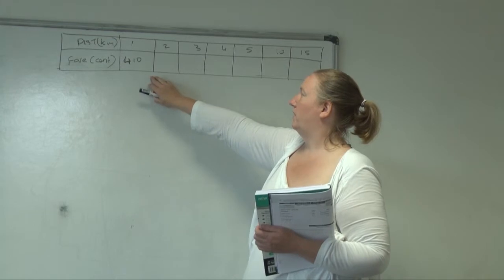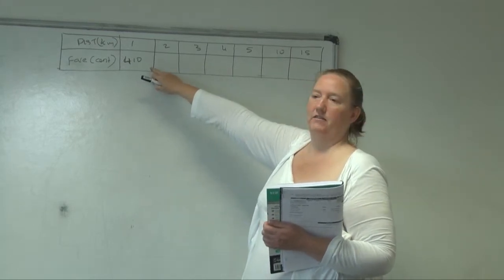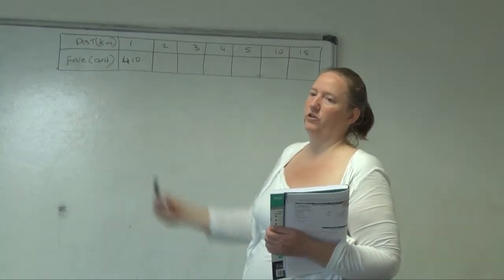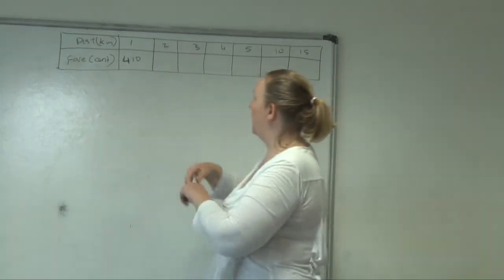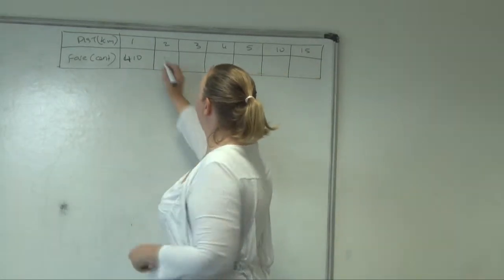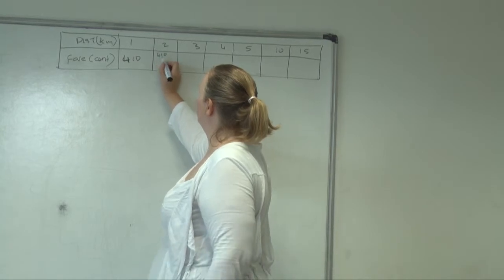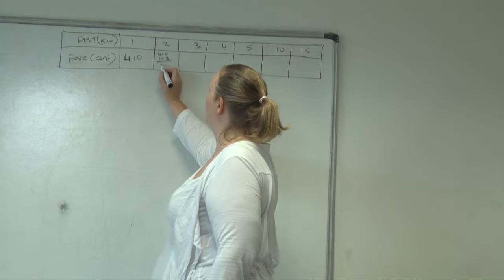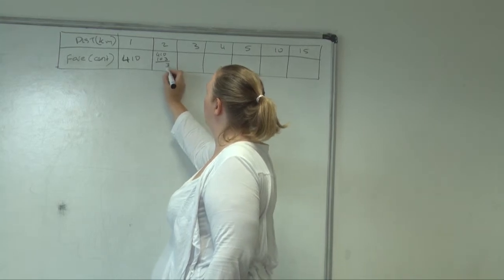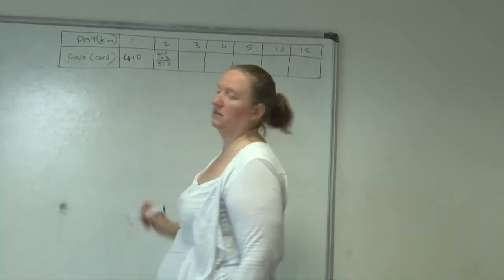Okay, so you have 410 cent, or 4 euros, for the first one. So the second mile is going to be your 410 plus 103, so mile 2 will be 513.